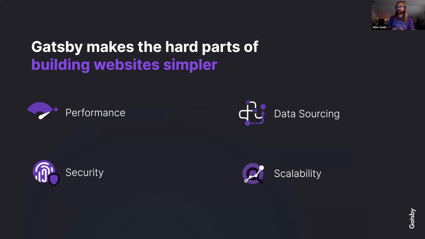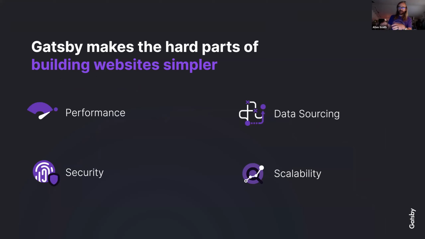It's because Gatsby makes the hard parts of building websites simpler. There are so many things that developers and content editors have to figure out and decide on and find solutions for while they're building sites. And Gatsby helps you focus on the work that you and your team are most excited about by taking care of all of those hard and repetitive parts for you.